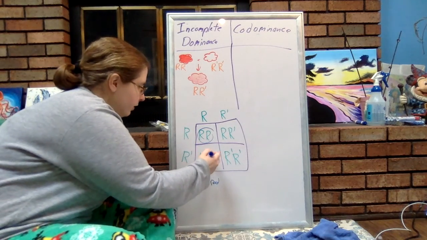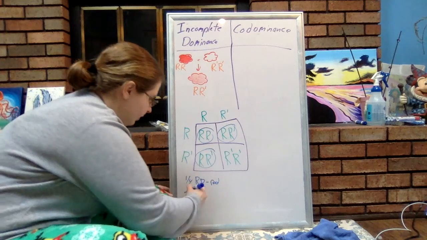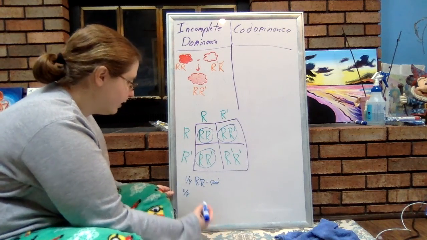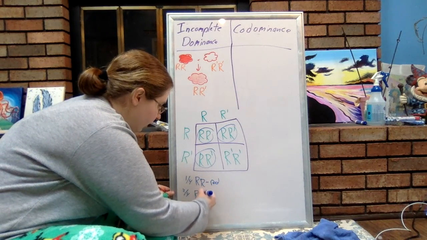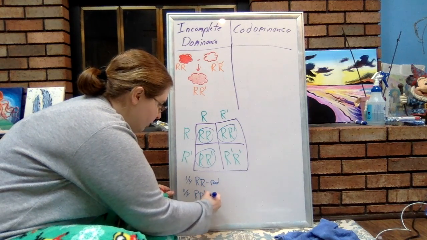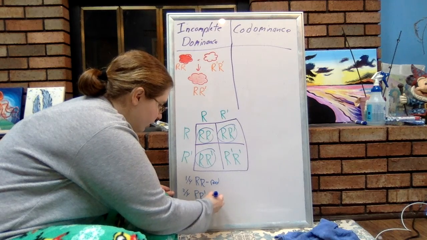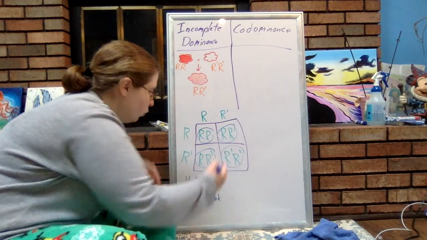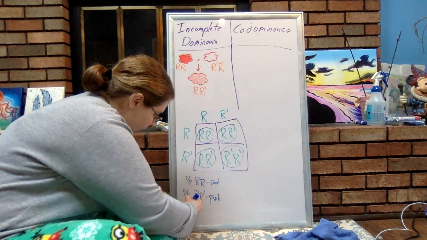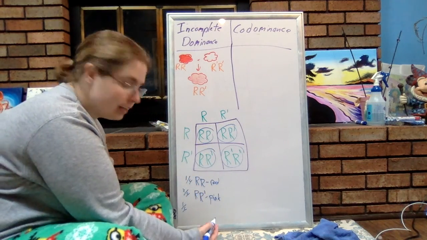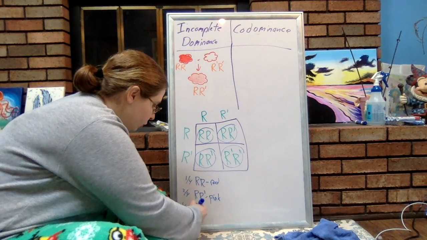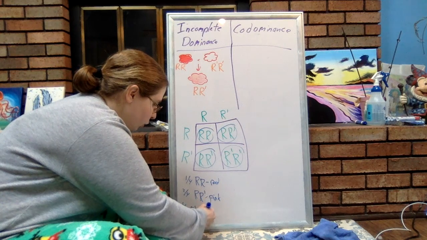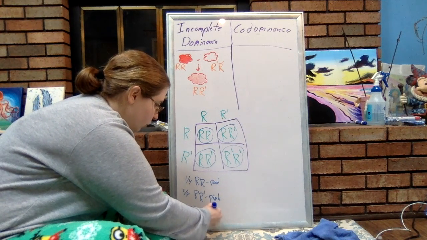Then we have 2 boxes, or 2 out of 4, or 50% chance that the offspring will be R R prime, which means they will be pink. And then we have 1 out of 4 boxes, or 25% chance that the offspring will be R prime R prime, or white.